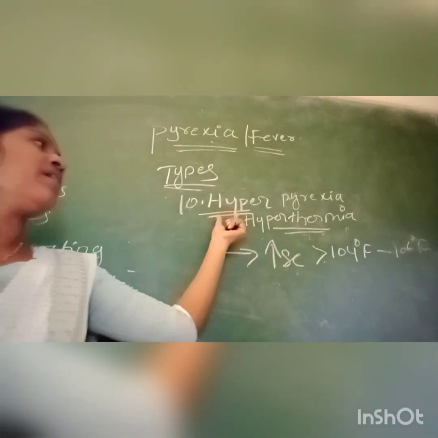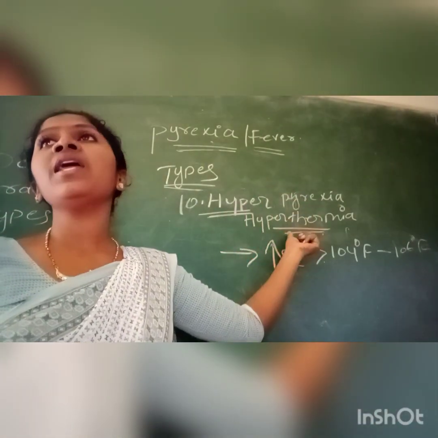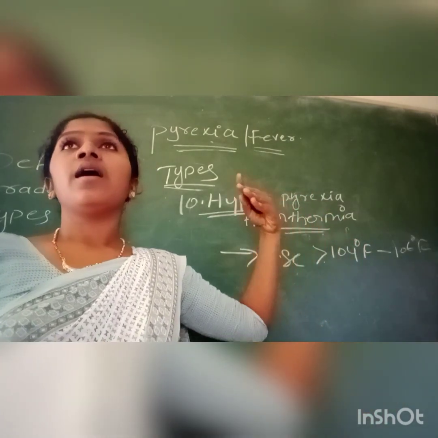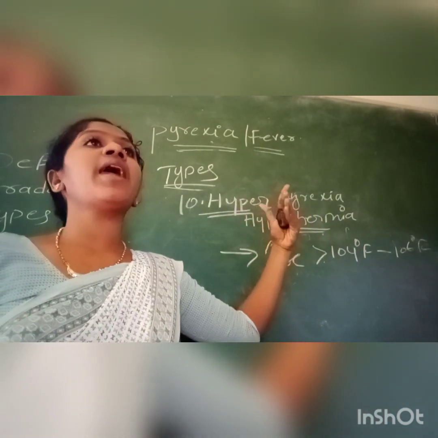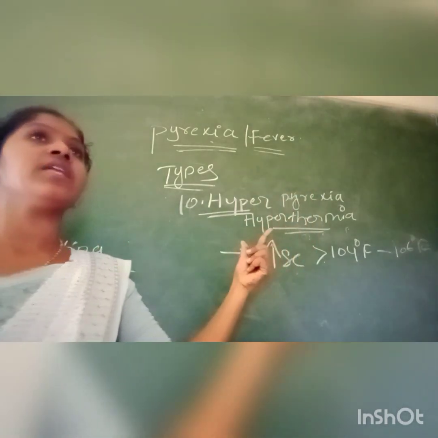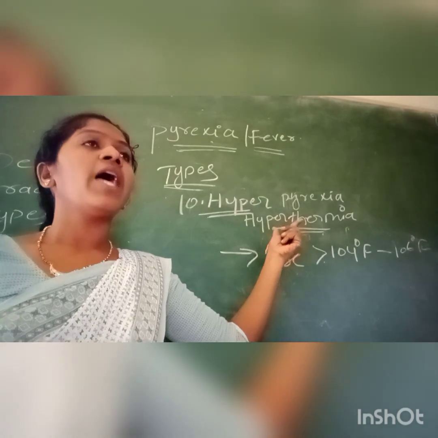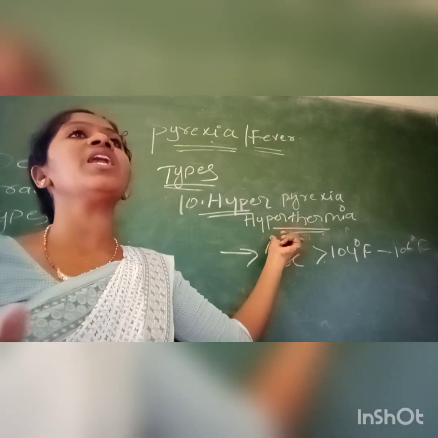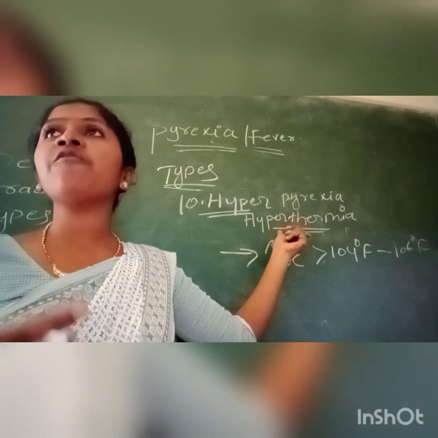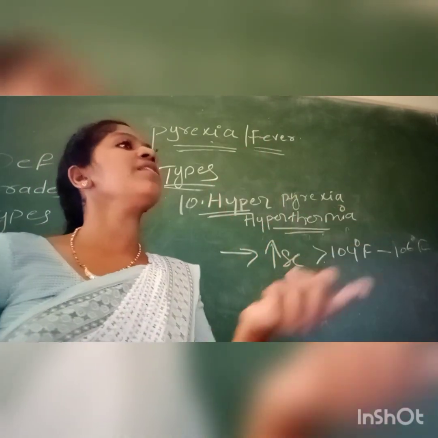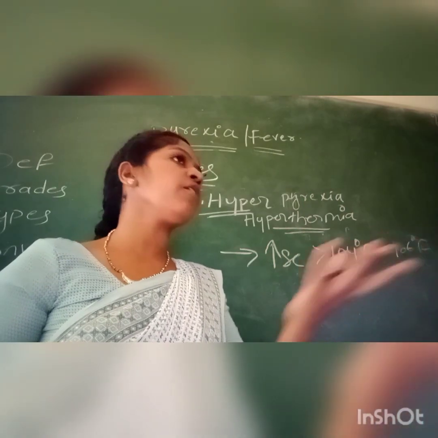Next one is hyperpyrexia or hyperthermia. Don't get confused with fever and pyrexia. People will say that hyperpyrexia is called fever. No, actually hyperpyrexia is totally different from pyrexia and fever, because if the body temperature rises more than normal, it is called pyrexia or fever.